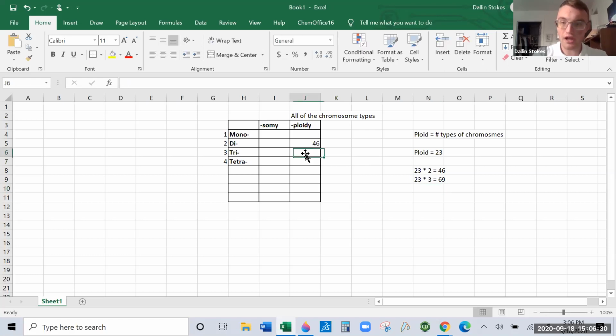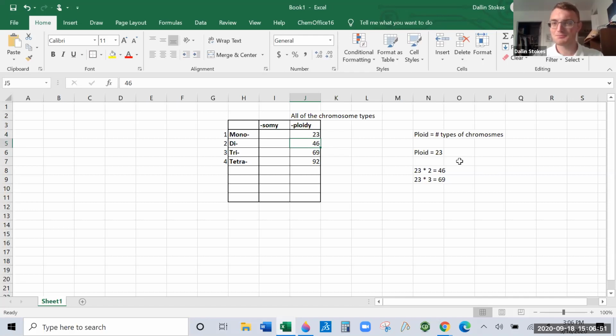So a triploid cell for a human would have 69 chromosomes. Tetraploidy would be 4 times 23, which is 92. And monoploidy would be 1 times 23, which would be only 1 ploid, 23.